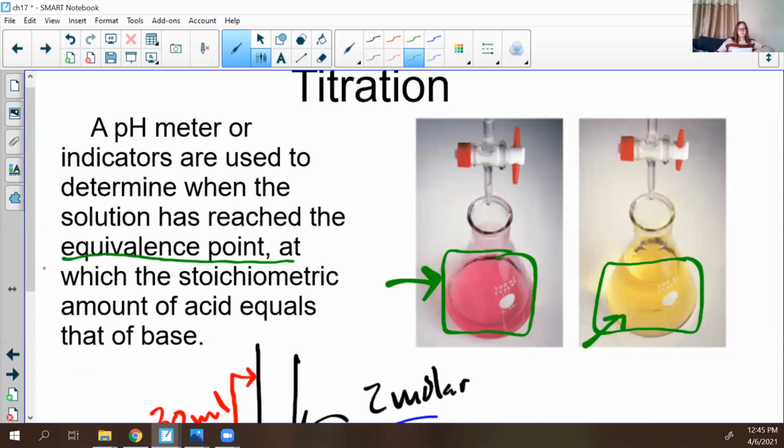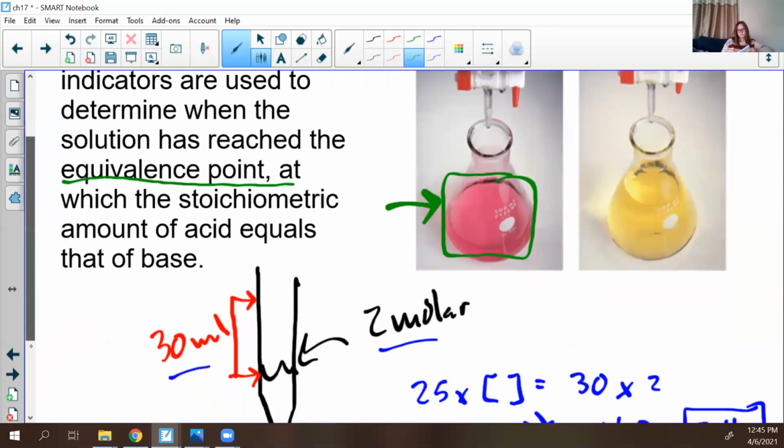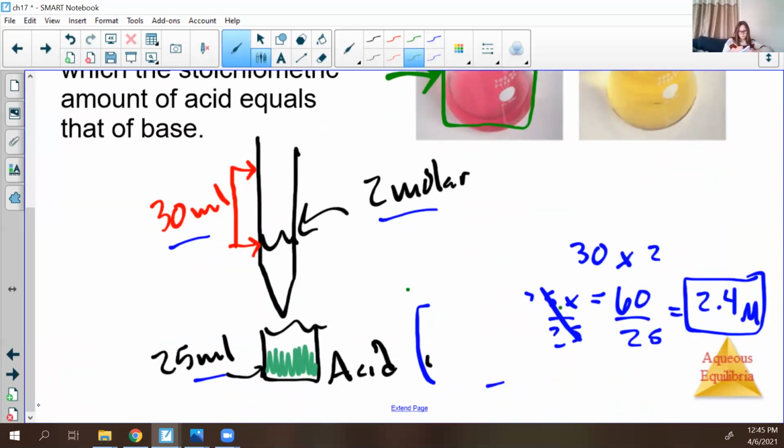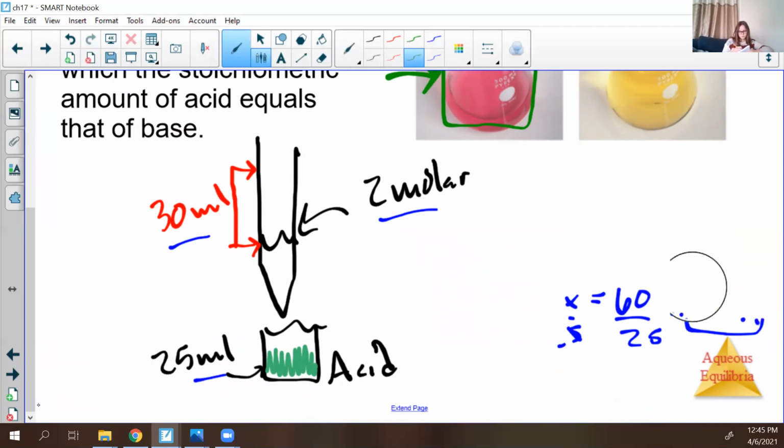We would know what indicator we added, and we would know what pH it changed color, like it would be on the bottle or written in the problem. And then we could figure out from there what we have. So the math is essentially like this. You would have 3 things that you know, and they're given to you in the problem.